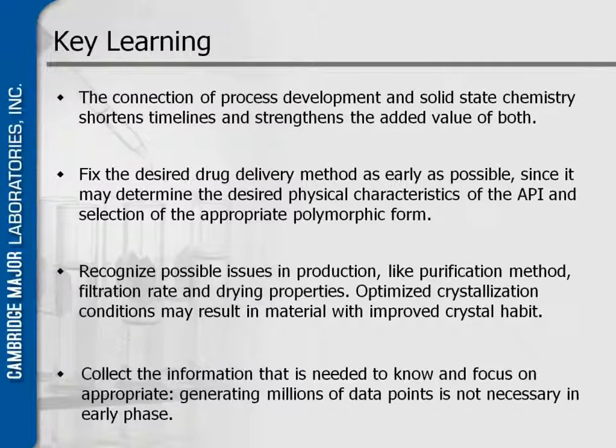And finally, do not collect all the information that you can, because it is possible, but collect the data sets that are needed and focus on what you need to know. You can have a lot of data points and still not have the overview, so only look at what is necessary in the early phase.